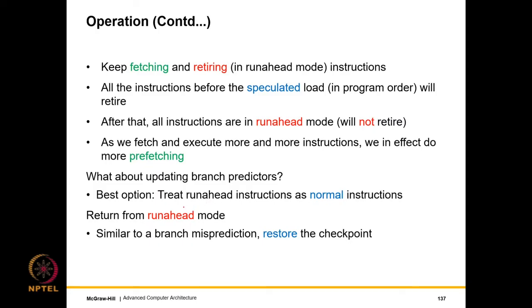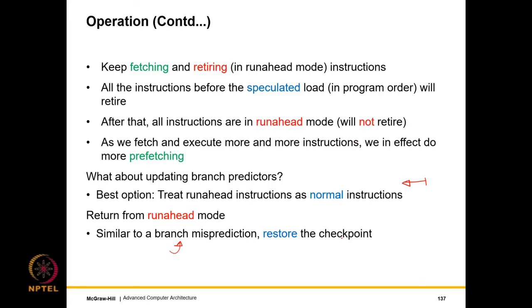Along with that, we are also training the branch predictors by treating run ahead instructions as normal instructions. So definitely some amount of branch prediction training is being achieved. Once we return from the run ahead mode, akin to a branch misprediction, we restore the checkpoint and start from there. So correctness is clearly not being sacrificed over here.